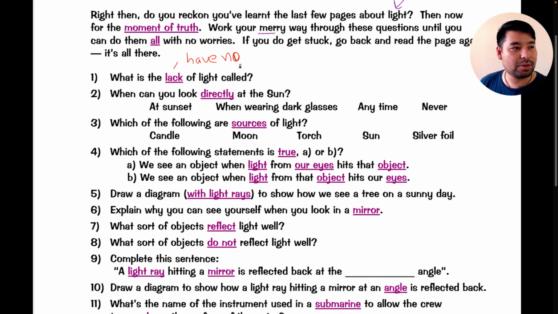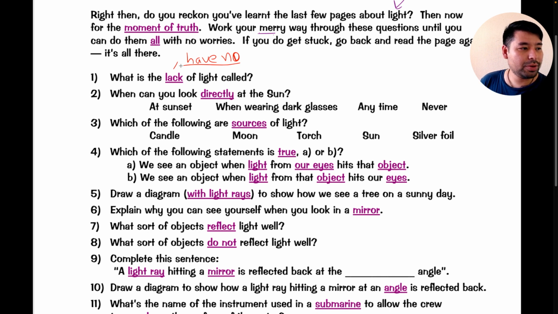Sorry for my bad writing, but it's when you have no. So lack of something means you don't have that thing. So what is the lack of light called? What is the name of that? Number two, when can you look directly at the sun? And then we have three options: at sunset, when wearing dark glasses, anytime, or never. Be careful, because this is a trick question.